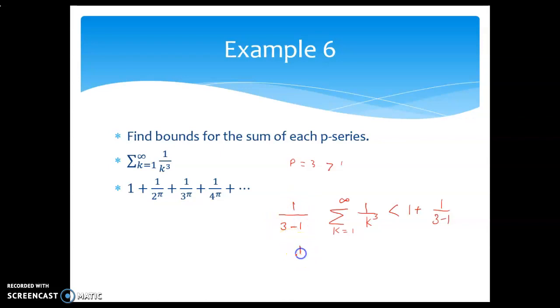It's going to be bounded between 1/2 and 3/2.